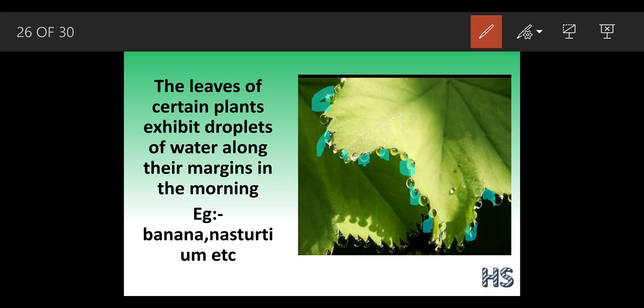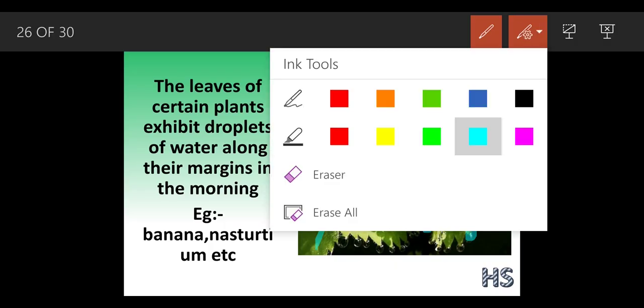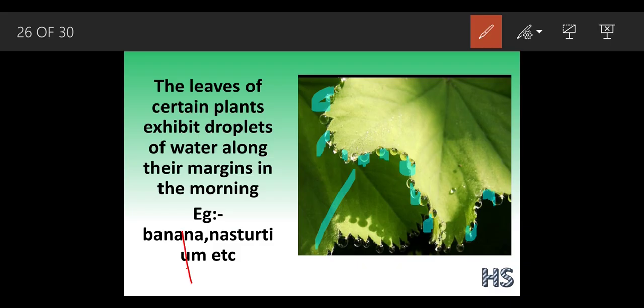These special openings on the margin are called hydatodes. I am going to write the spelling: hydatodes. What are they? They are special kinds of openings present on the margin of the leaf. Like guard cells have a special opening, the stomata, hydatodes are also openings on the margin of the leaf.